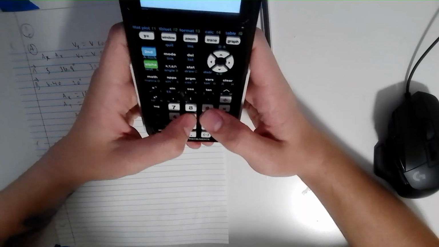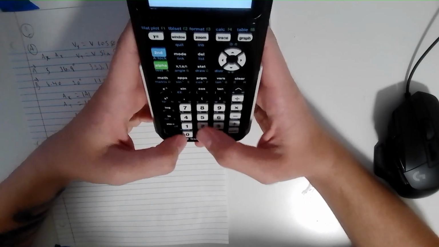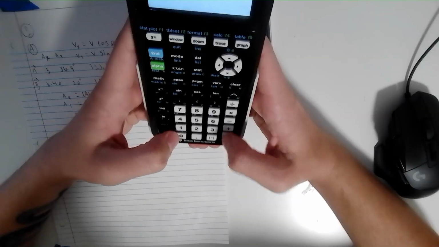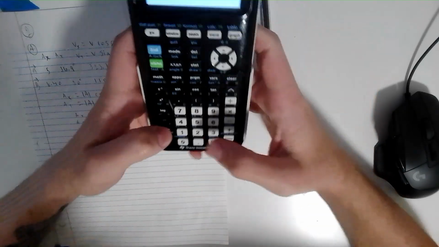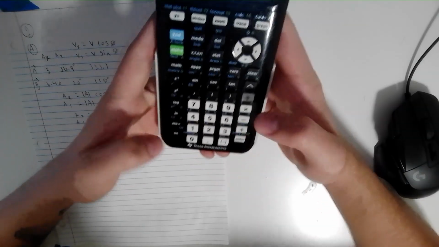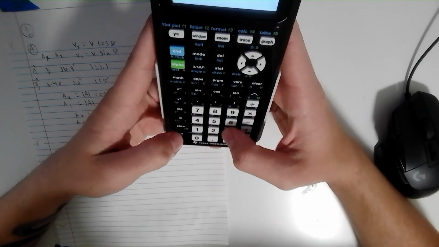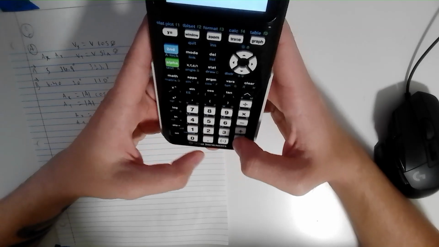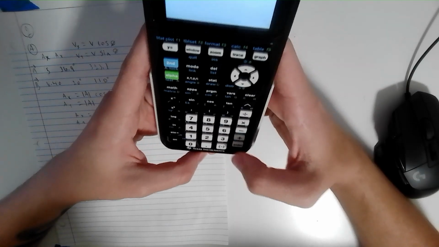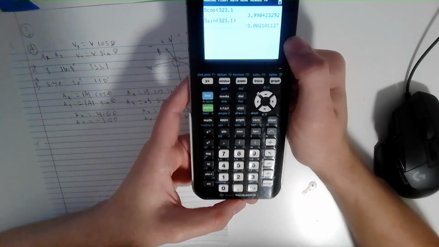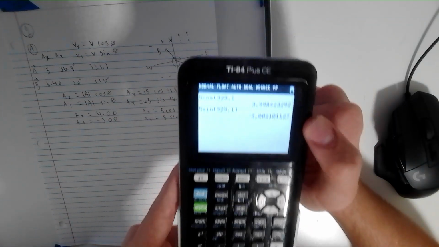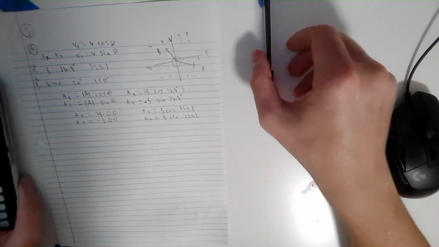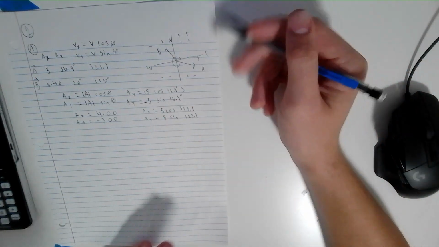And so if we do that, 5 cosine 323.1, that still gives us 3.99, which would be rounded to 4. And then if we do 5 sine of 323.1 degrees, that'll still give us negative 3.002. So both ways to do it.